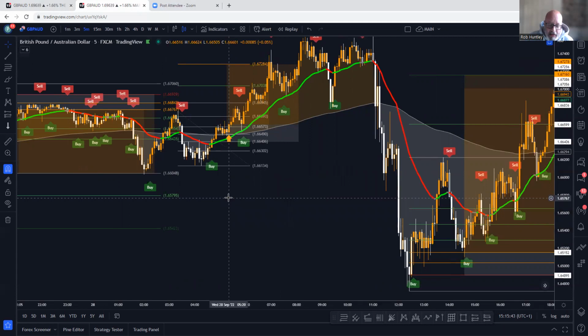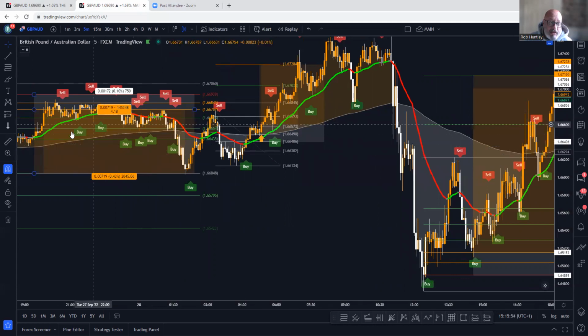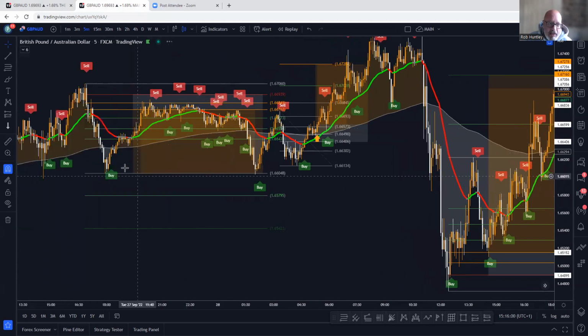So yesterday, I was up early. I was awake at a silly time, and this is all set on my phone. And actually, there's previous. So again, fib levels, as you can see.